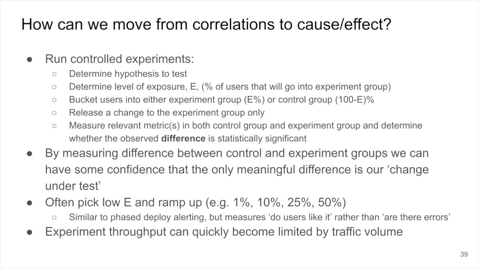The scientific approach here is to use a controlled experiment. So instead of taking a look before and after, instead we separate users into a control group and an experiment group. And we then release the change to the experiment group only, but we hold it back from the control group. Then an experiment would run over a period of time during which we would record the differences in the key measures between those in the experiment group and those in the control group, and we would then test for statistical significance.